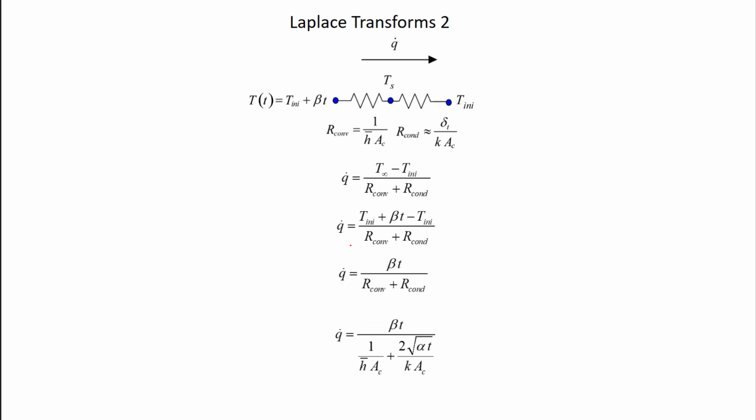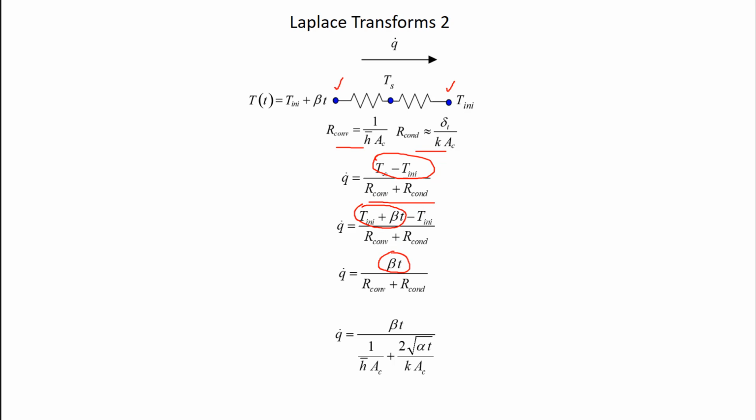So let's start with what is Q dot. So Q dot is going to be this temperature minus this temperature, so T infinity minus T initial, divided by the sum of these two resistances that are in series. So T infinity is growing linearly, so it's T initial plus beta t, so minus T initial gives me just beta t.